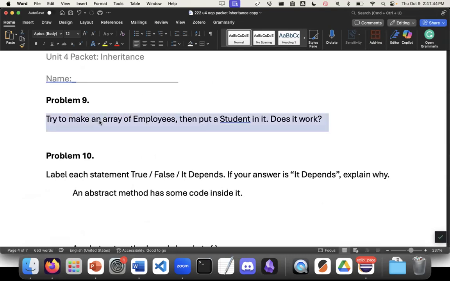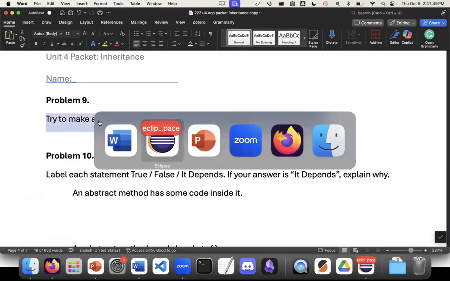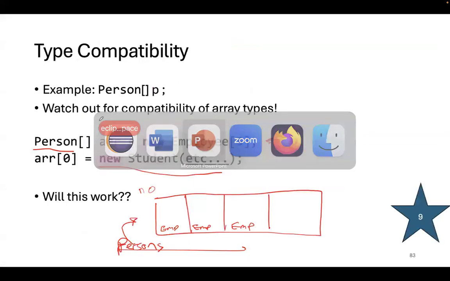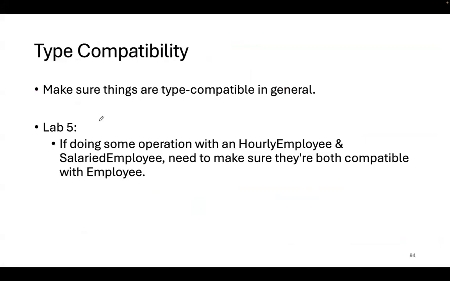Right, we did that. Hooray. All right, and so it's important to make sure that things are type compatible in general. So for lab 5, you're going to have this company that you're building objects for of different types of employees. So we've got hourly employees, salaried employees, and we need to make sure that both of those are going to be compatible with employee in general.